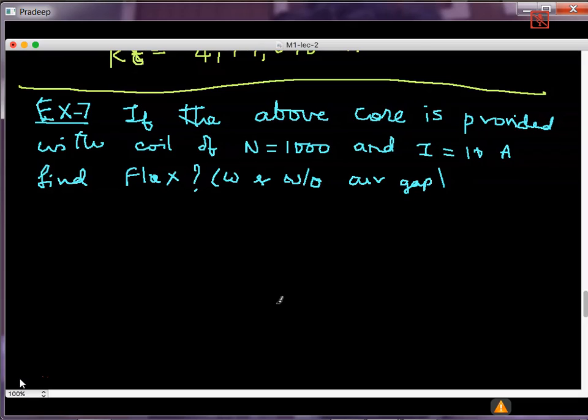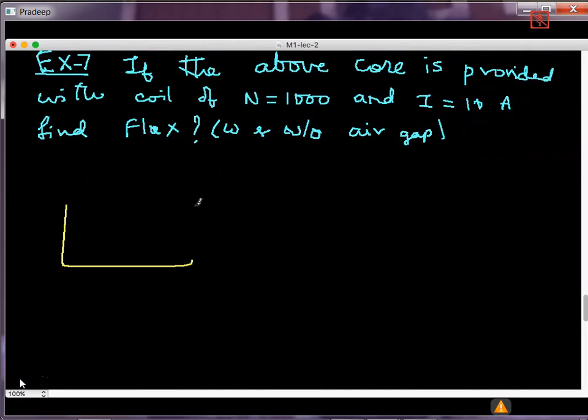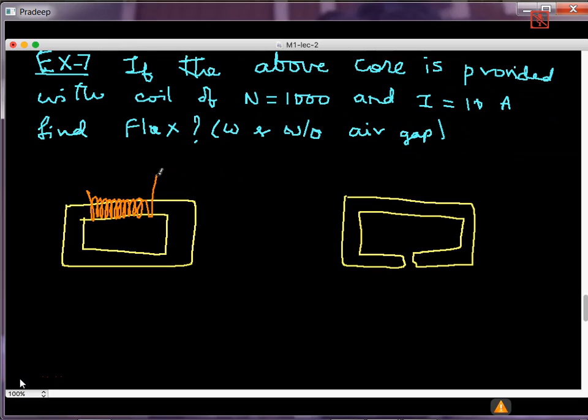So now what we have is, one example is without air gap. So another example is with air gap. So in both cases, the current is 10 amperes and number of turns is 100.